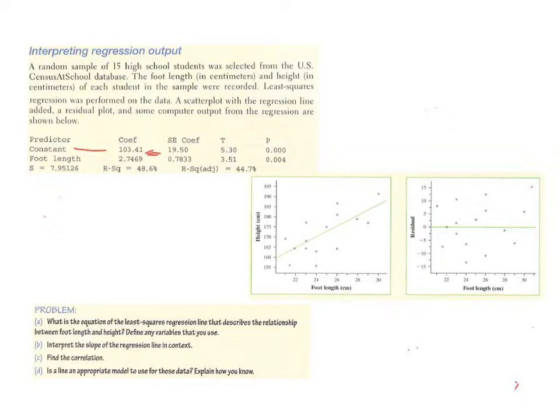Part C asks to find the correlation. You can actually calculate the correlation here because you're given r squared. You don't have to put anything in your calculator. My correlation is going to be the square root of that, so the square root of 0.486.